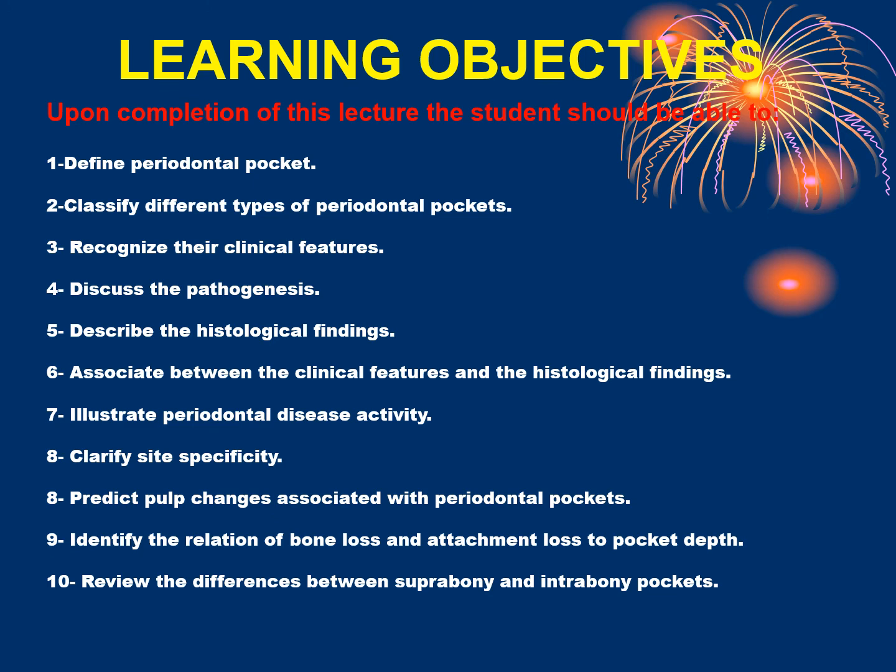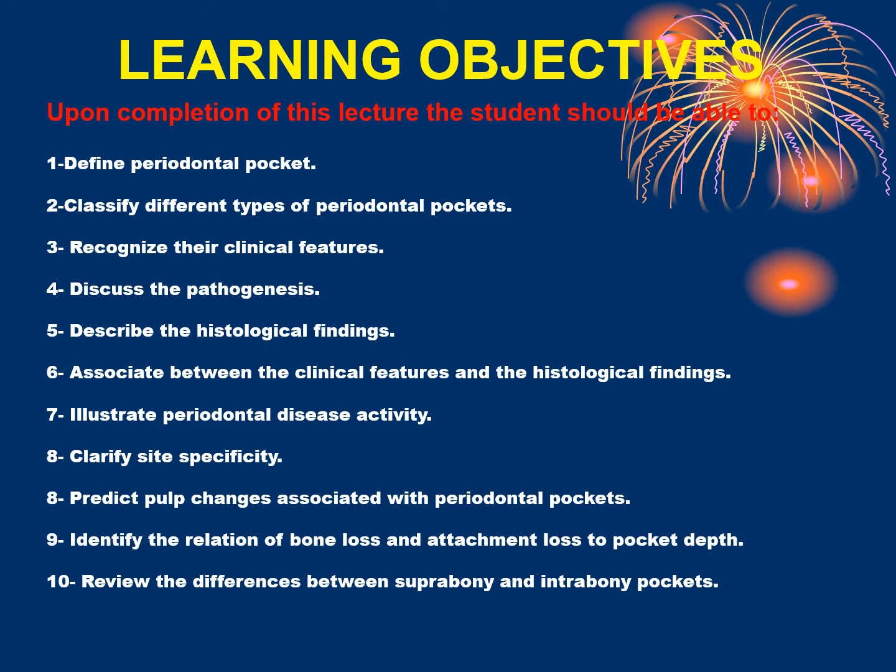Upon completion of this lecture, the student should be able to define the periodontal pockets, classify different types of periodontal pockets, recognize their clinical features, discuss the pathogenesis, describe the histological findings, and associate between the clinical features and the histological findings.